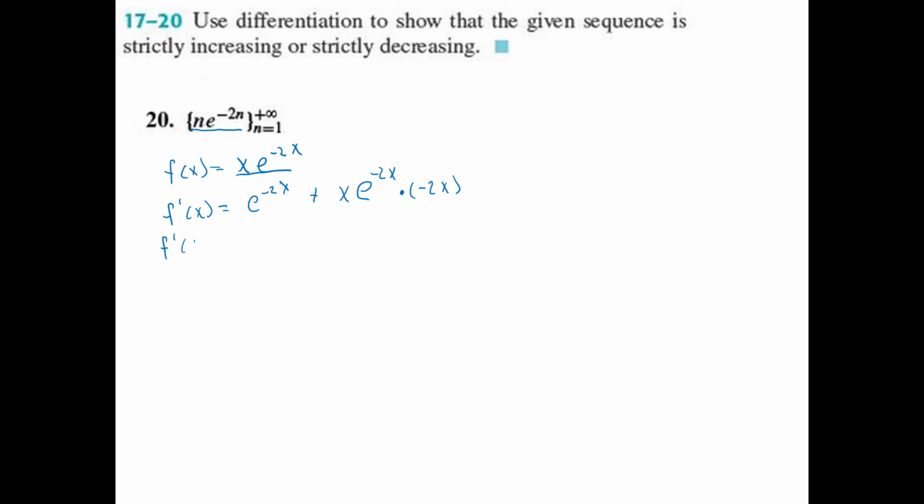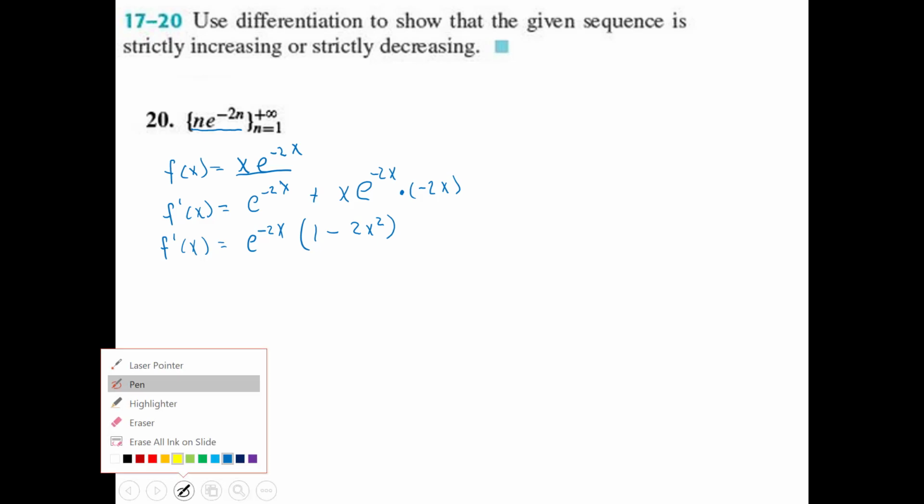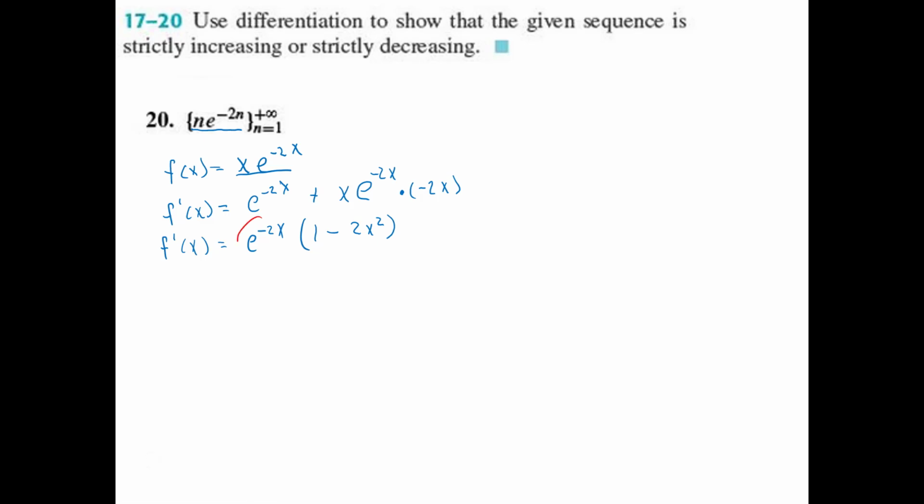Finally, we can clean this up by factoring out an e to the negative 2x, which then leaves behind 1 minus 2x squared. Okay, and now what you should know is that this expression here is always positive, right?